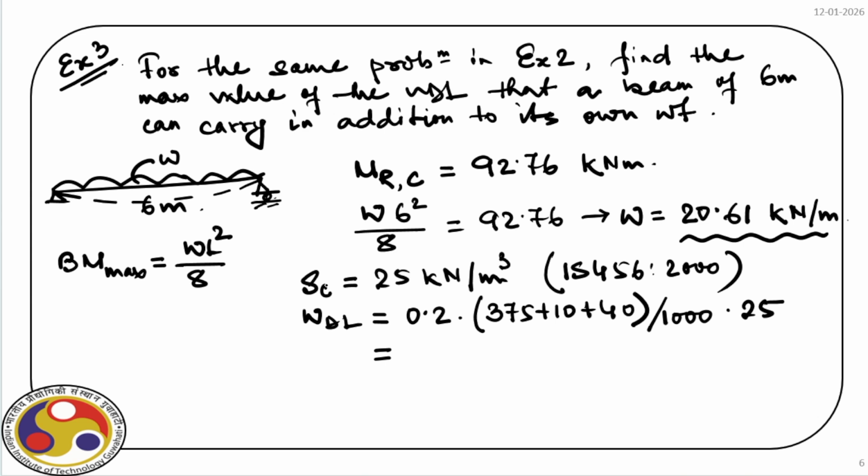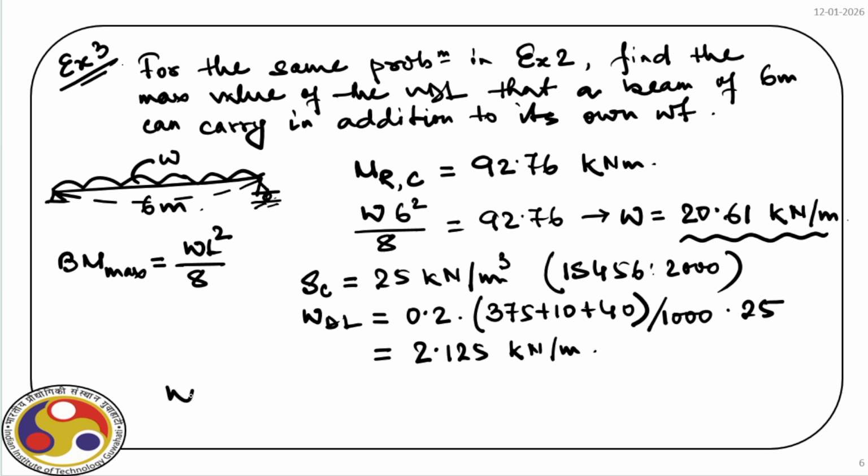So 0.425 times 0.2 times 25. So this is 2.125 kilonewton per meter.